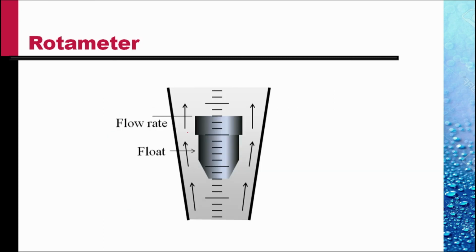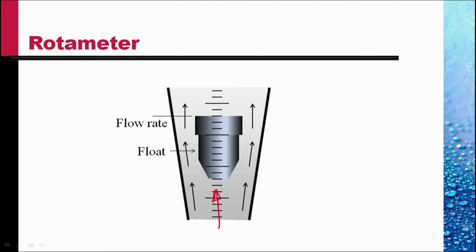Another flow measuring device is what is known as a rotameter. It is very interesting. It's usually oriented, or it has to be oriented, vertically as the flow takes place.